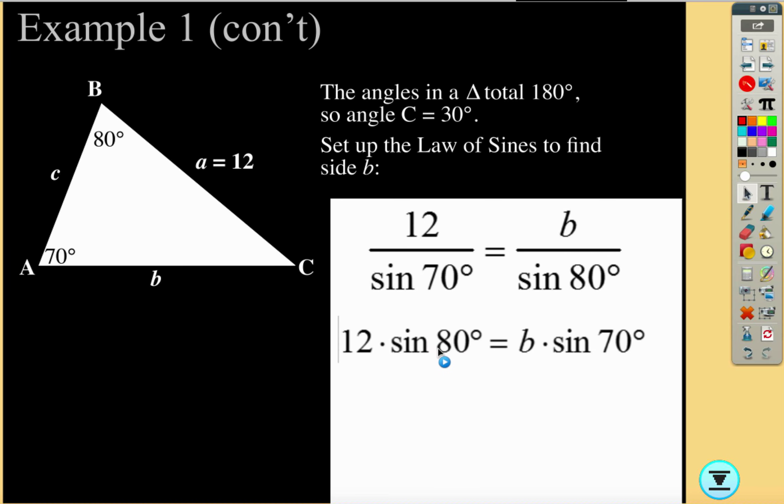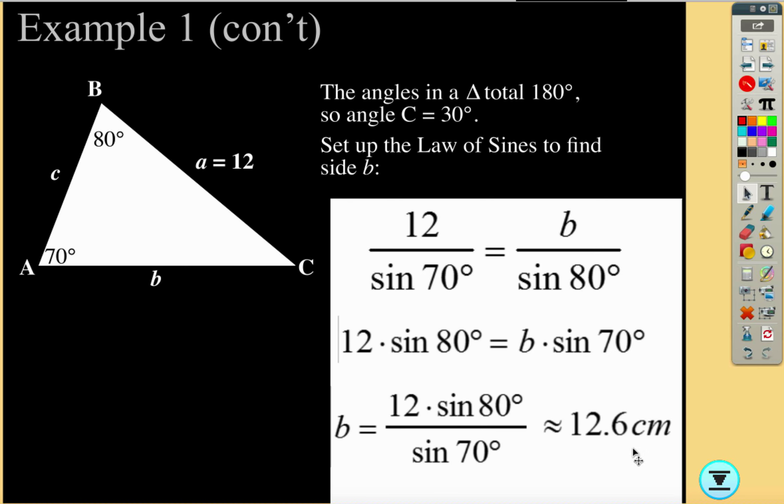And this leaves us with 12 times the sine of 80 degrees is equal to b times the sine of 70 degrees. If you divide both sides by the sine of 70 degrees, you will get little b alone, which is about 12.6 centimeters. So now we know that little b is actually 12.6 centimeters.